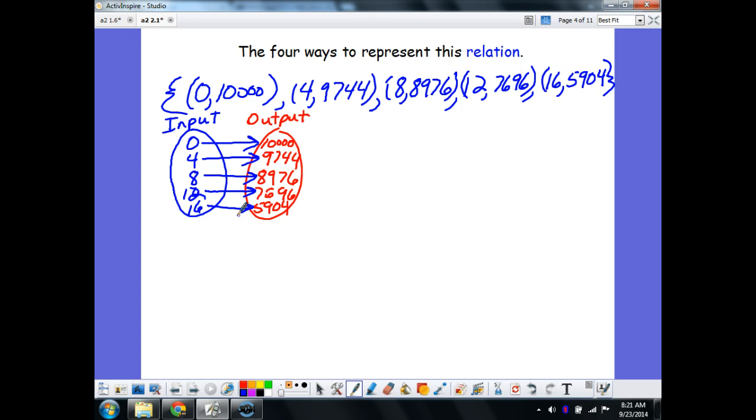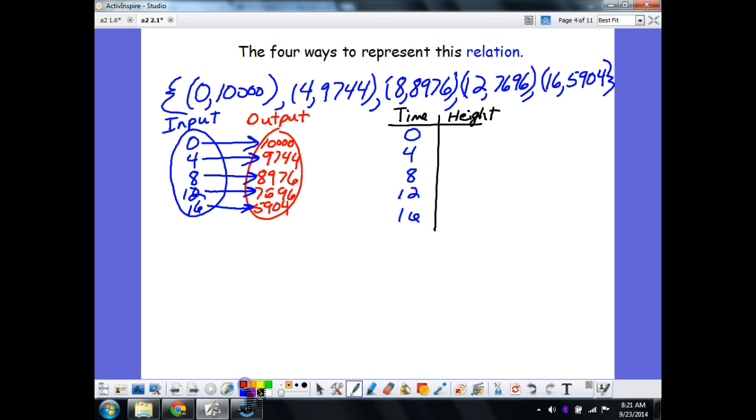And the next one is a table. And you can make a table that relates the time to the height. And the times that we have are the 0, 4, 8, 12, and 16.